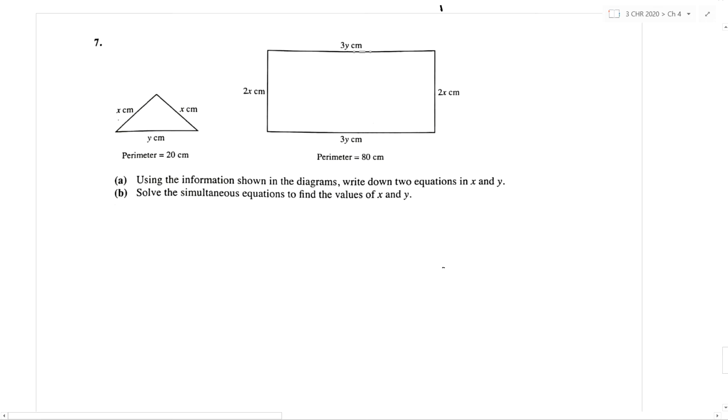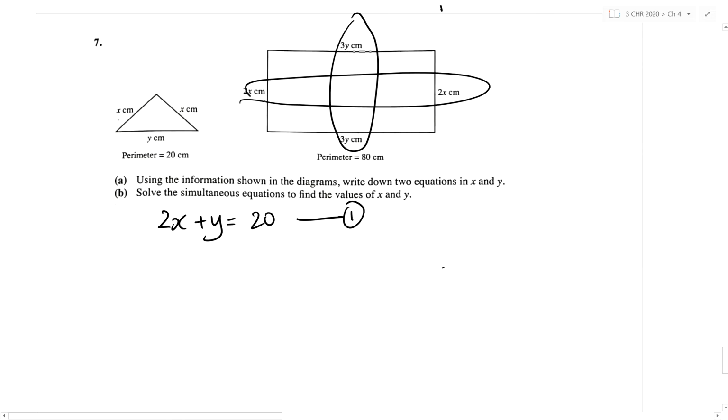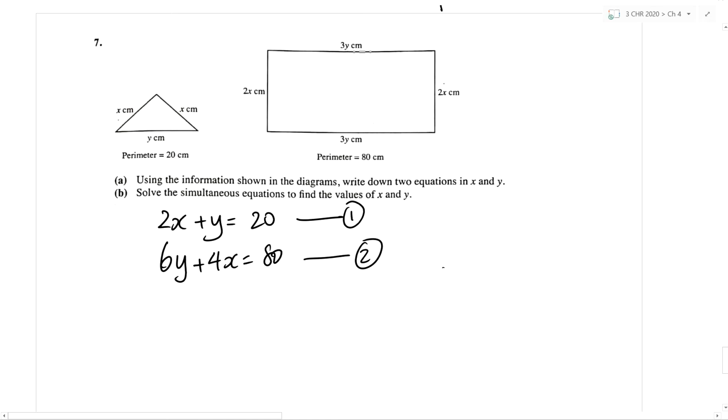The first one from the triangle, 2x plus y is 20. From the rectangle, 6y plus 4x is 80. Okay, now, part B, solve.